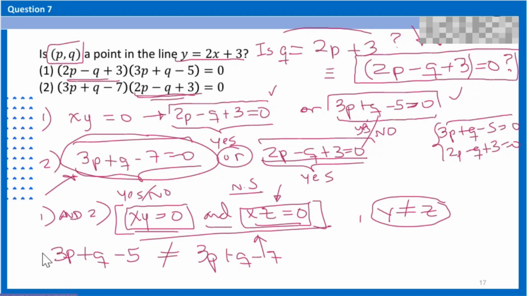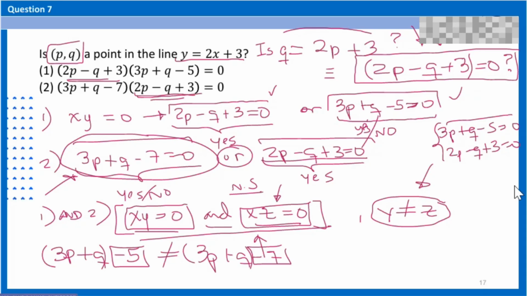Well, notice they have a common part and then a different term. No matter which values of p and q you may pick, these two expressions will never have the same value, because 3p plus q is the same number, right? It's a number like n. So n minus 5 is never the same as n minus 7. These two expressions will always be different, same as here.